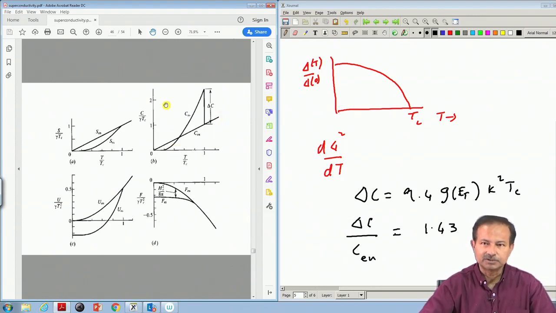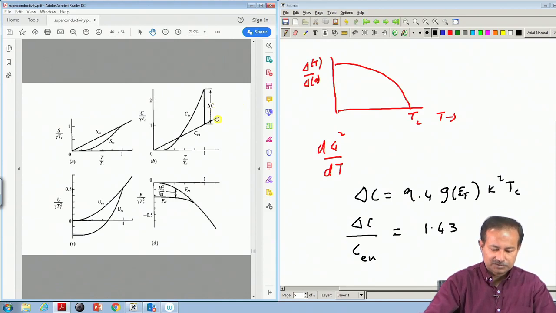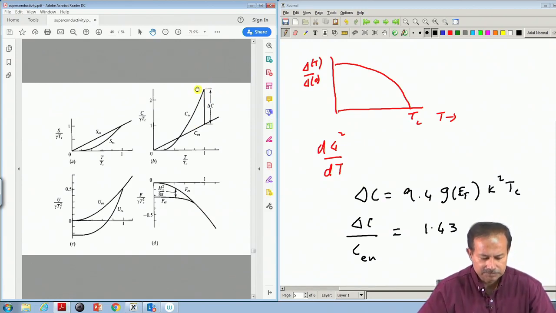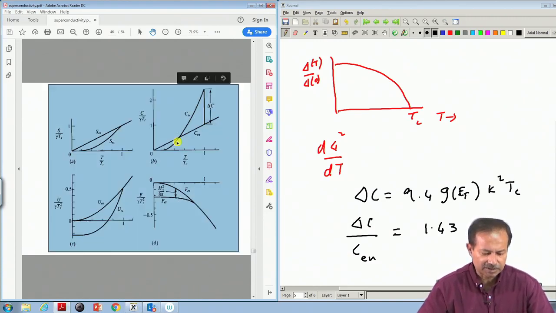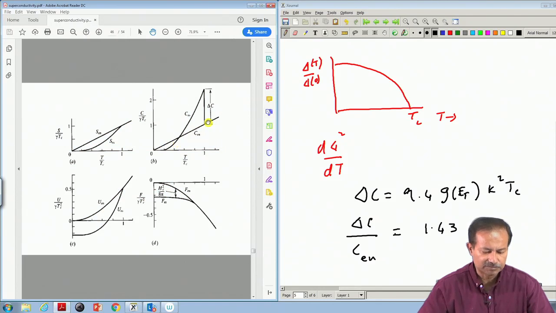The entropy cannot just vanish. So, the way one sees it, the part below the normal specific heat comes from the fact that there is a gap.